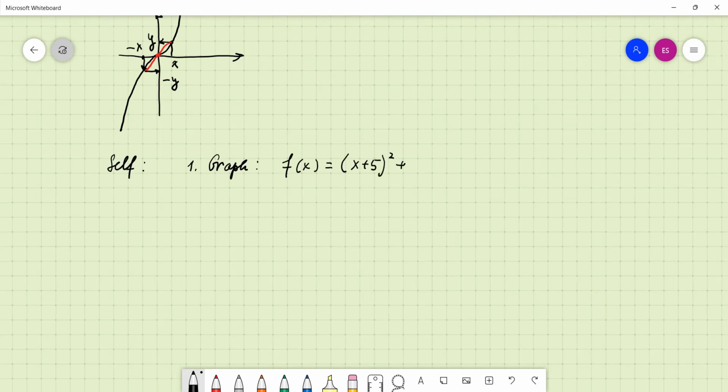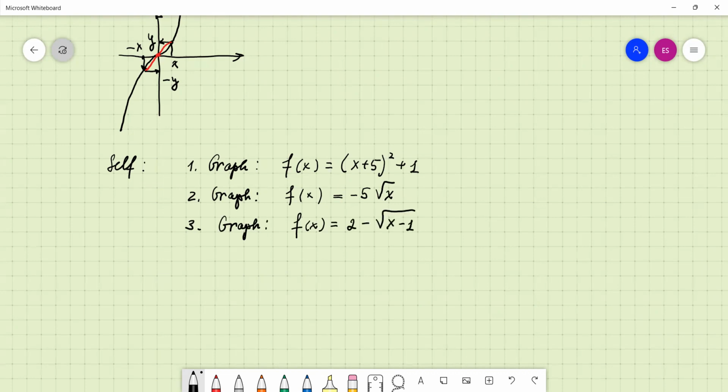Here, guys, I give you two transformations at once, so be careful. Number two, graph. Here we have stretching and reflection. Number three, graph. And here we have a combination of several transformations.